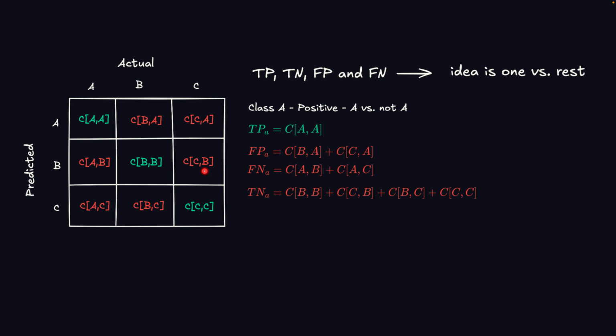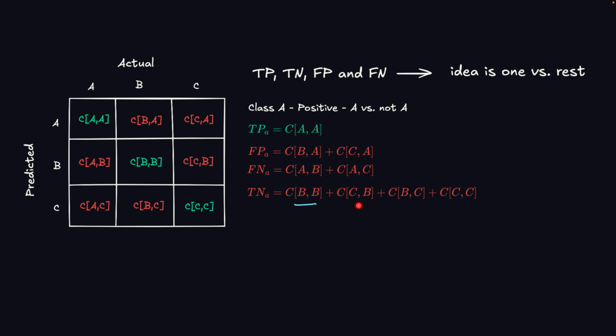If we take this as an example, our actual value is C and we have predicted it as B. C is not A and B is also not A, right? So this is also true negative. We have truly predicted the negative, which is not A in this example.